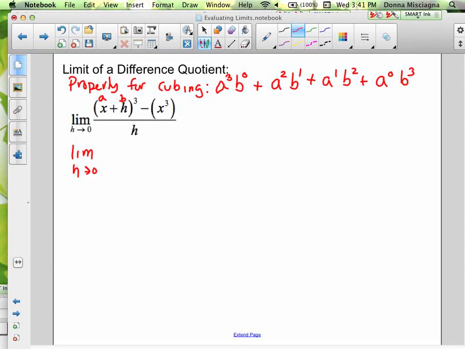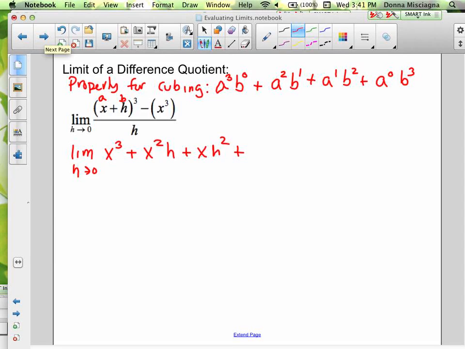All right, so this is going to give us x cubed. Now if it's h to the 0, anything to the 0 power is 1, right? So there's really no point in me writing 1 down. Plus, I'm looking at the a and I'm writing an a: x squared, and now we have h to the first. And then we have x and h squared.